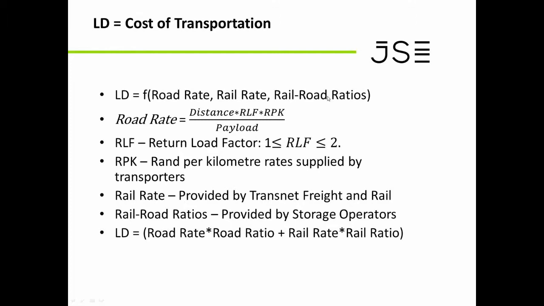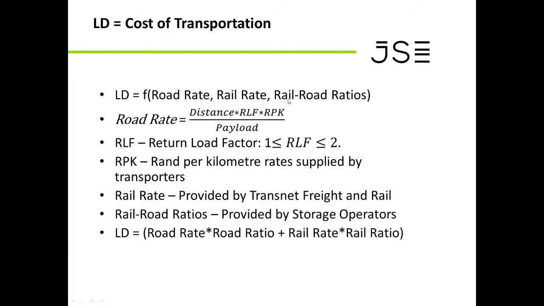Then of course what we have is a railroad ratio. In other words, if you are at a specific location, we request the storage operator at that location to give us an indication of all his cargo: what was transported by rail, what was transported by road, because those two components have different rates, so that we do a weighted average to arrive at our location differential.